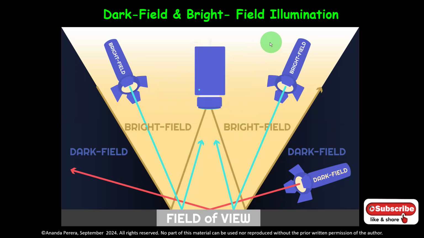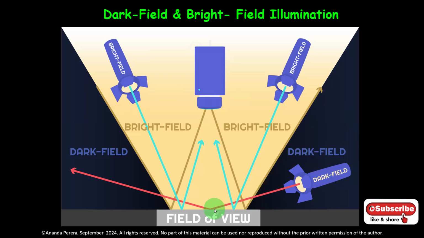When we watch from here or anywhere in this area, it is giving bright field view. We can go there, here, or here. But this light is not moving there. That side is darker than this side also. So we can see this field as dark field.